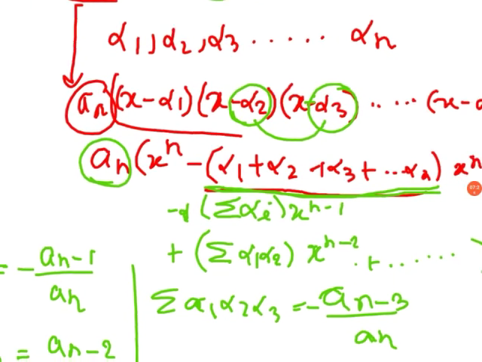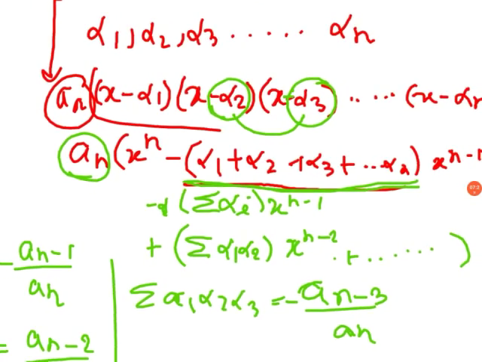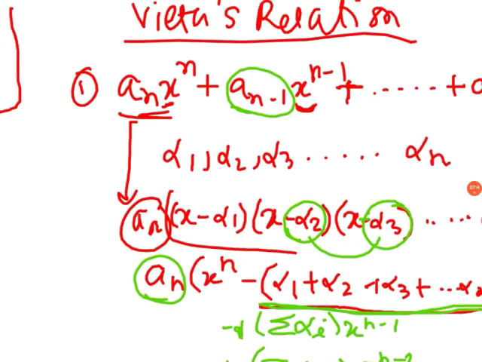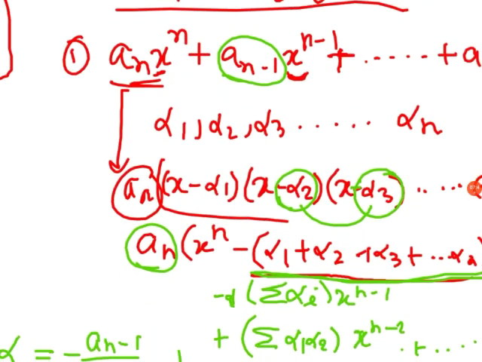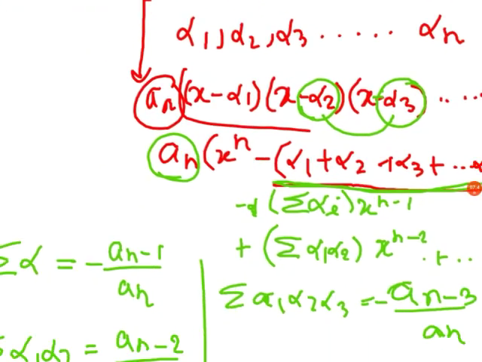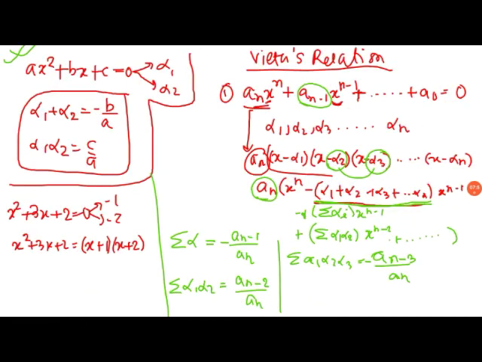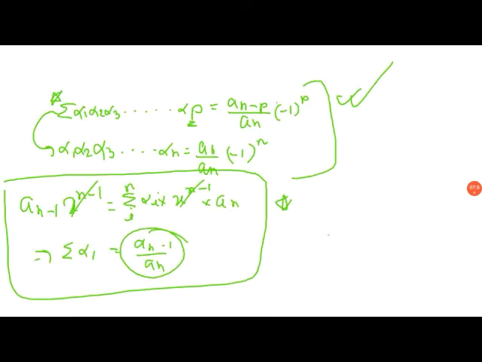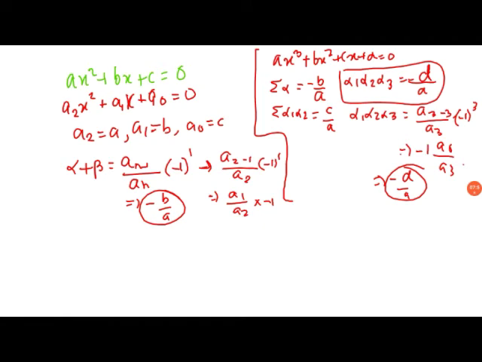Then we expanded this multiplication, and from here we got to know the coefficients of x raised to the power n minus 1, x raised to the power n minus 2, and all that. Then we equated the coefficients of the expanded one to the original general equation, and we got the relationships, and these relations are known as Vieta's relations that can be applied to any degree equation.